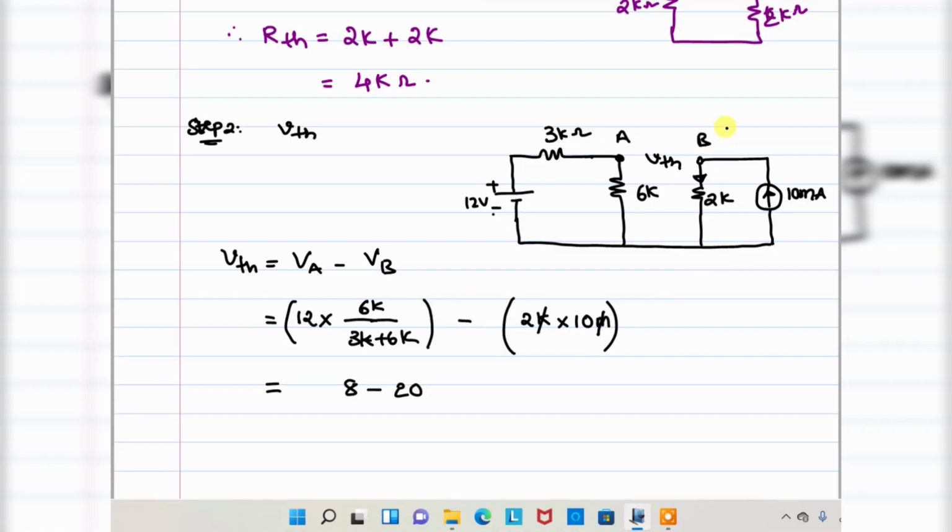So here the B potential is higher compared to this. So we got 12 volts. We can take B as the highest potential, right? We can take VB minus VA also. VB minus VA is equal to 12 volts, because potential B is highest compared to VA.